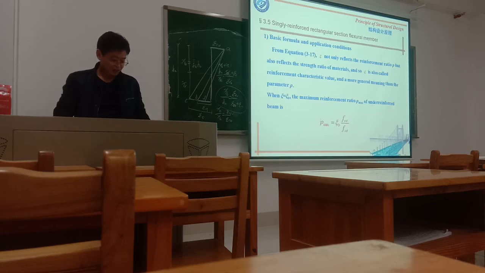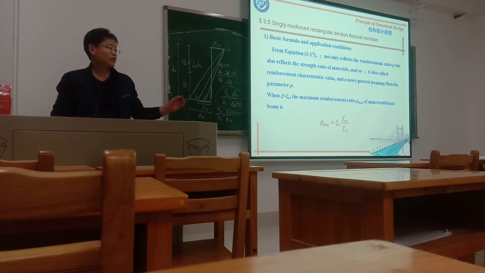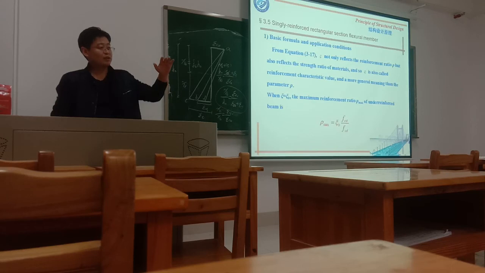Then you can find the boundary condition of the reinforcement ratio, so you know how much steel you can put inside. It cannot be more than this. So before you design, you can use this value to control the amount of reinforcement.